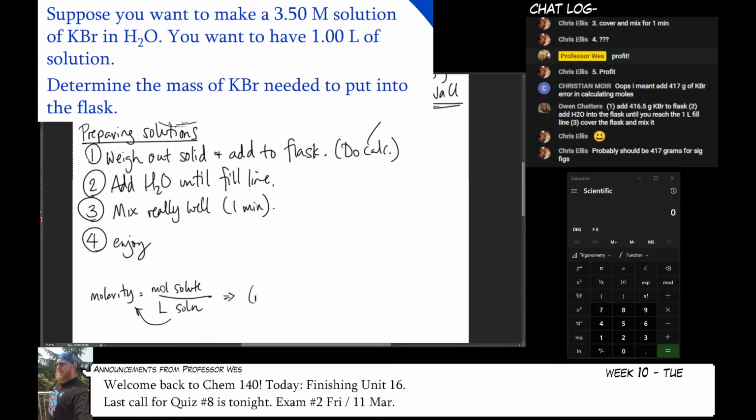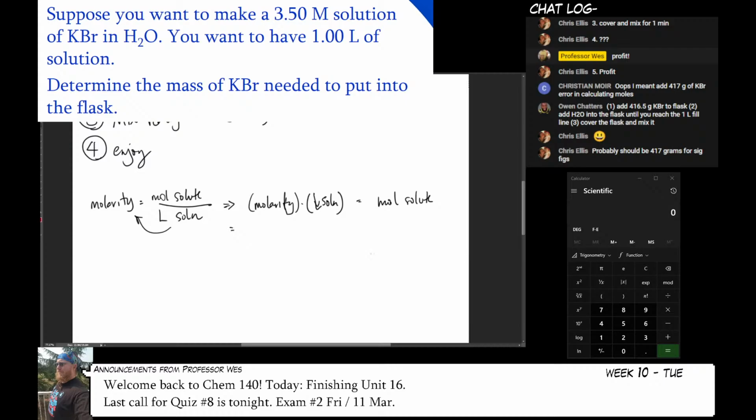So that's going to be molarity times volume, or the liters of the solution, and that will equal the moles of solute, which would be 3.50 moles per liter times 1 liter. So that would be 3.50 moles of KBr. That's what I need to add to the flask.